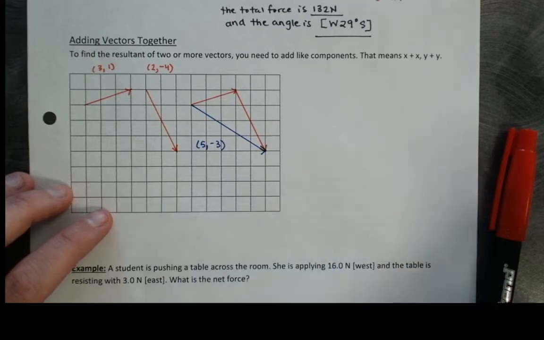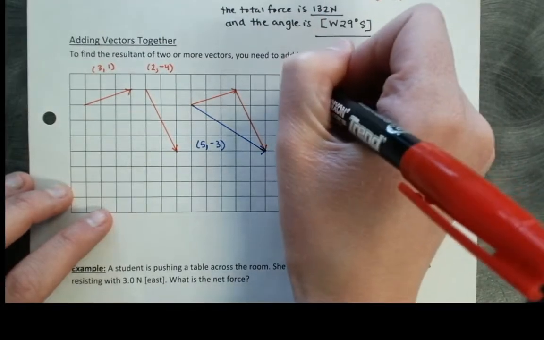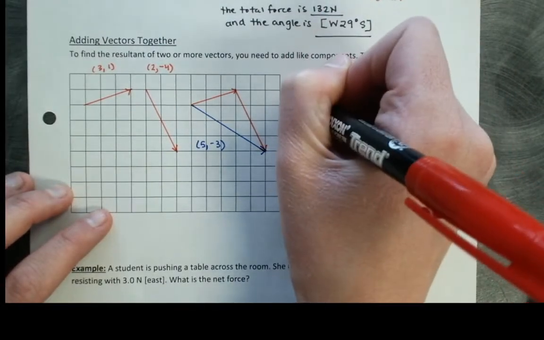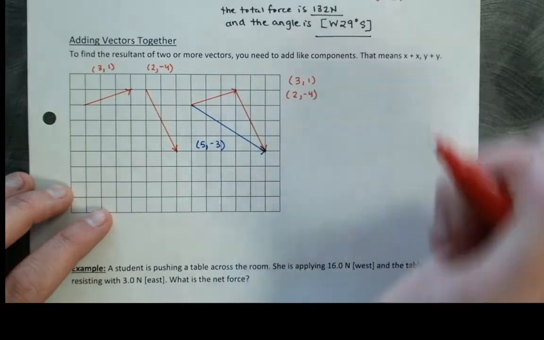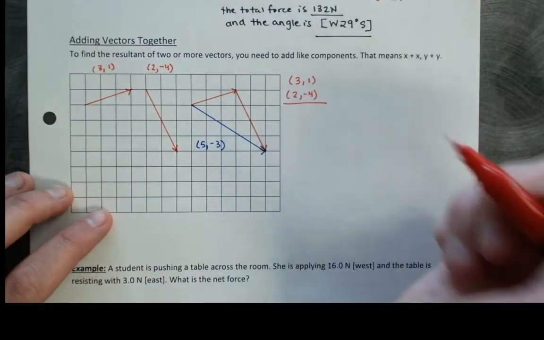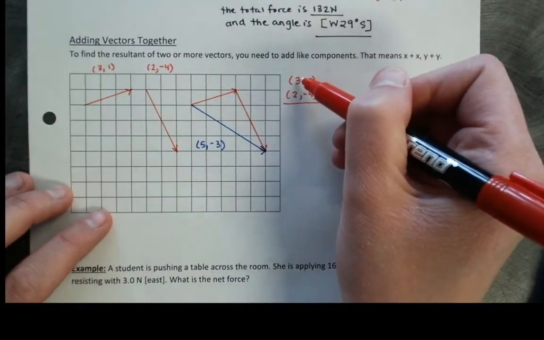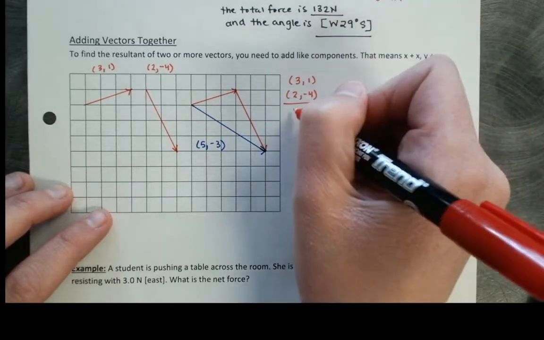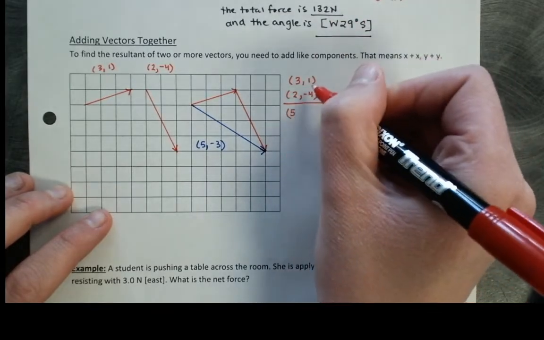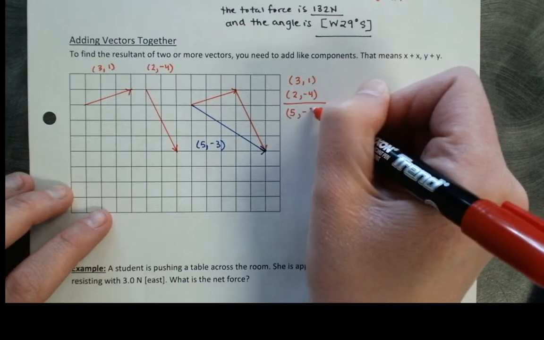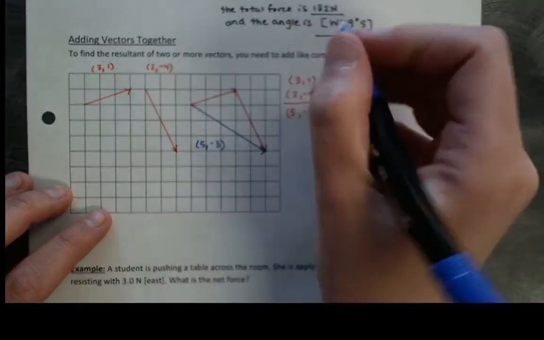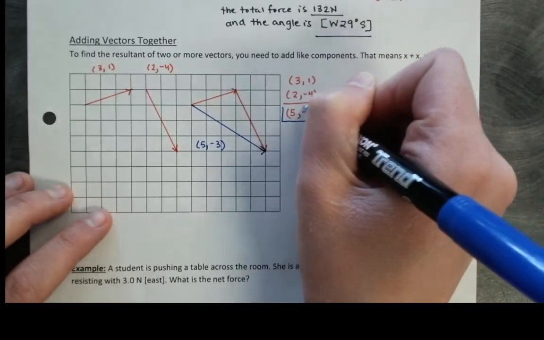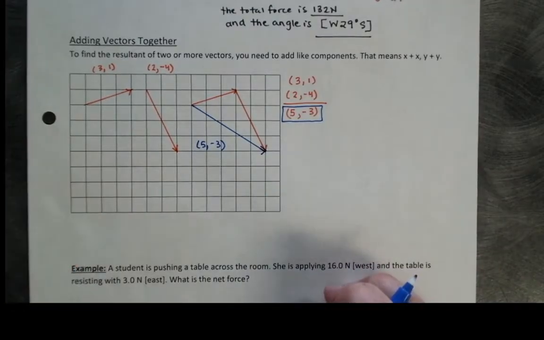So what we can do, if we were to add these together, let's add our x's together. 3 and 2 gives us 5. 1 plus -4 gives us -3. Well, would you look at that?